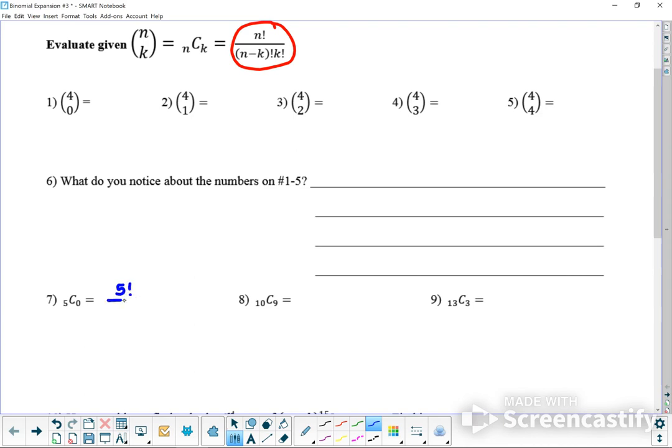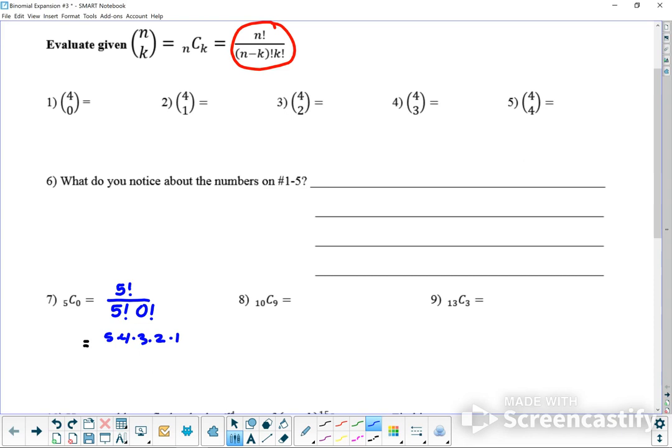Okay, so I'll start off very basic first. And that's n minus k, right here, which means we're going to do 5 minus 0, which is also 5 factorial, and then 0 factorial. And again, 0 factorial is 1. And without even having to do anything, well, actually, I should probably do something, right? So 5 factorial is 5 times 4 times 3 times 2 times 1.